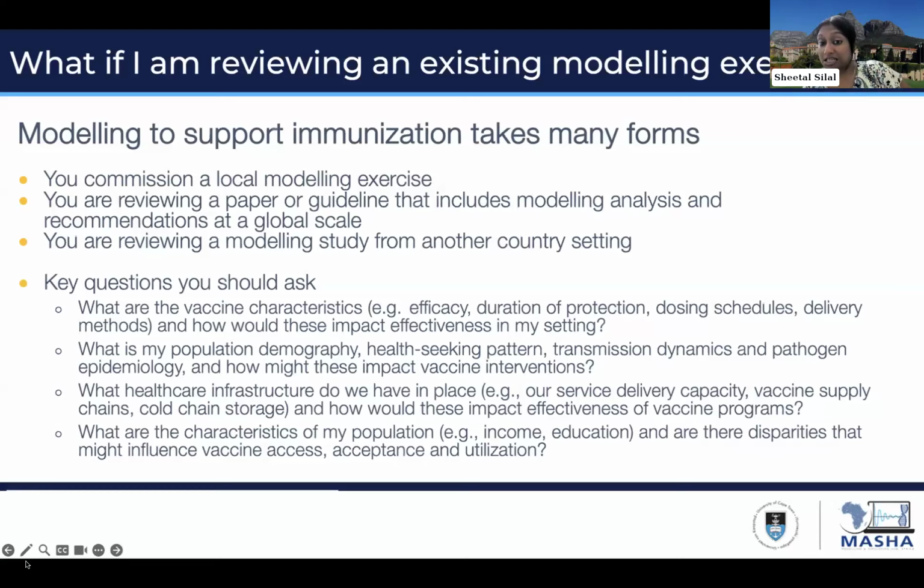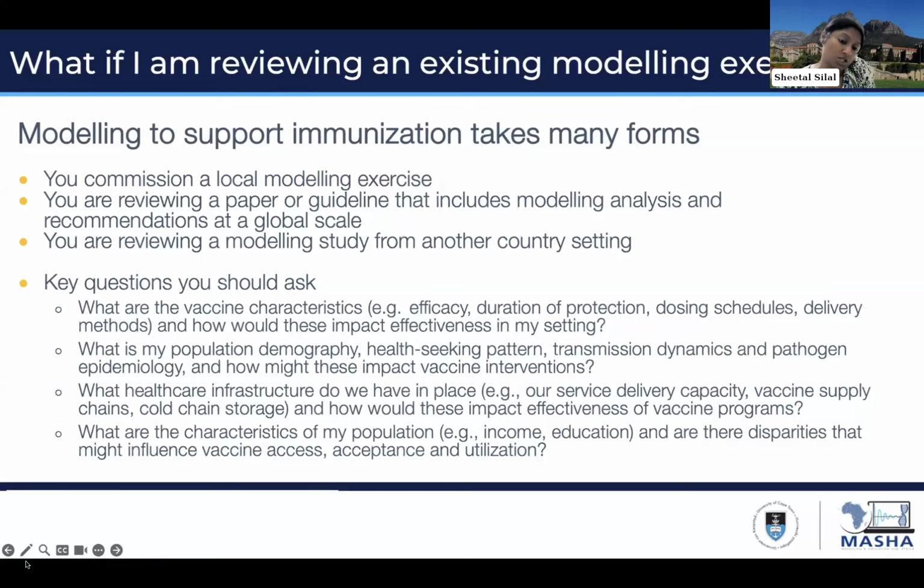Now, the answer to that is no, because every study that has been completed needs to be assessed to see if it is relevant to your setting. And if it is relevant to your setting, there's an extra step for how to translate that modeling recommendation to make it relevant and implementable for your setting itself.